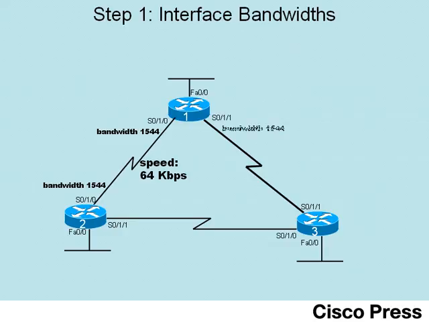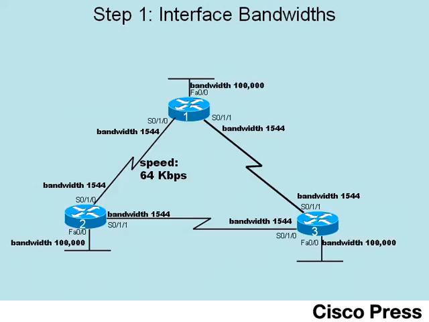So in this particular lab, we'll default the serial links to use bandwidth of 1544, and the fast Ethernet interfaces will also default their bandwidth to 100,000. Now again, to make the point, that's 100,000 kilobits per second because that's the unit used on the bandwidth command. But 100,000 kilobits is equal to 100 megabits, which is appropriate for a fast Ethernet interface.